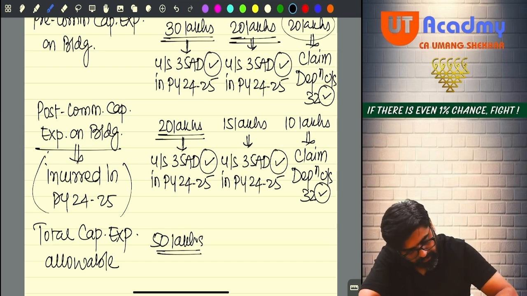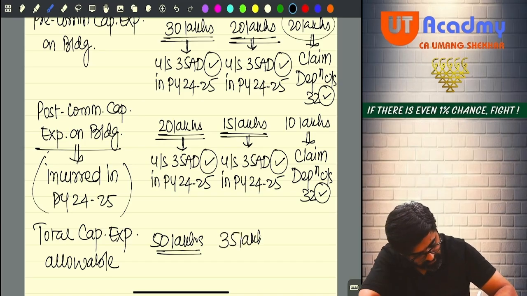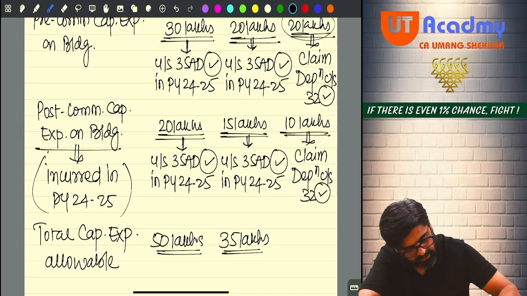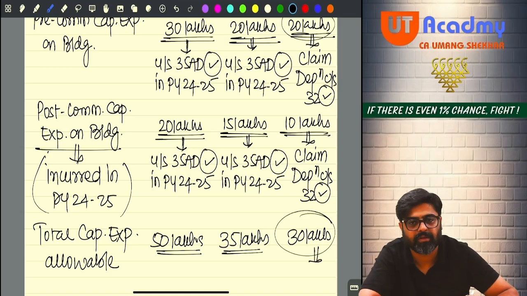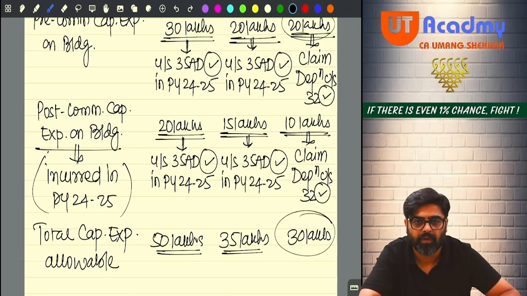This 20 and this 15 will be 35 lakhs. And this 20 and this 10 will be 30 lakhs. This will be allowed in the form of depreciation. But the earlier two will be allowed under section 35AD. That's it.